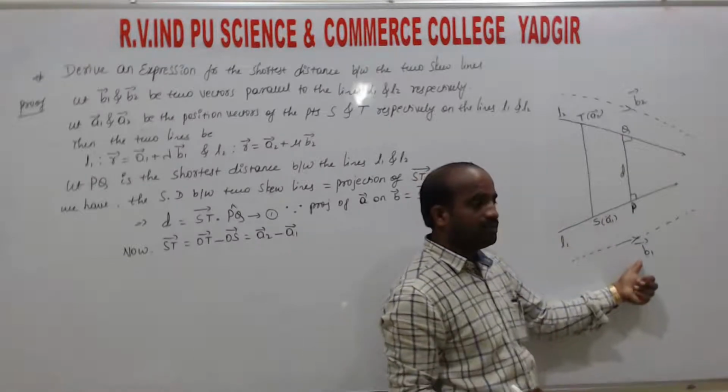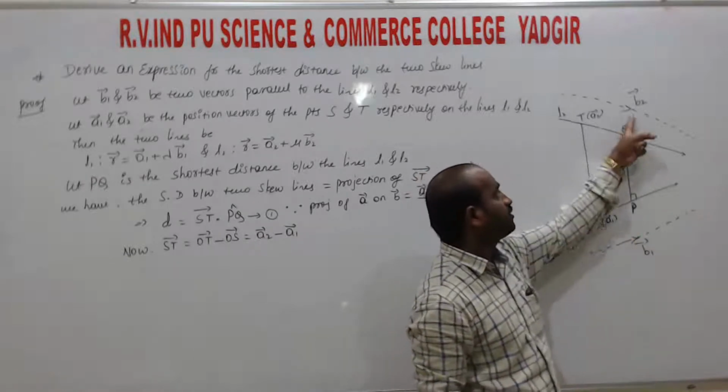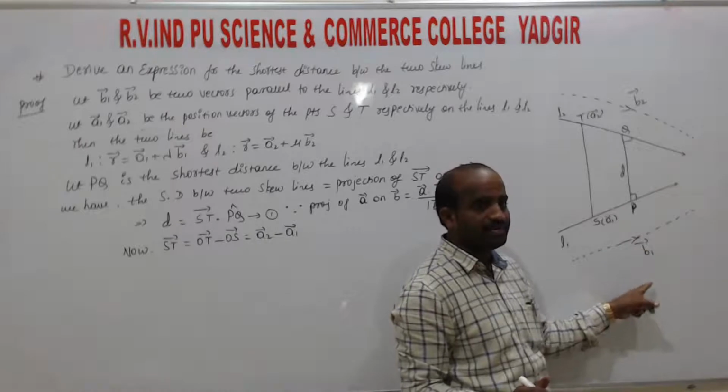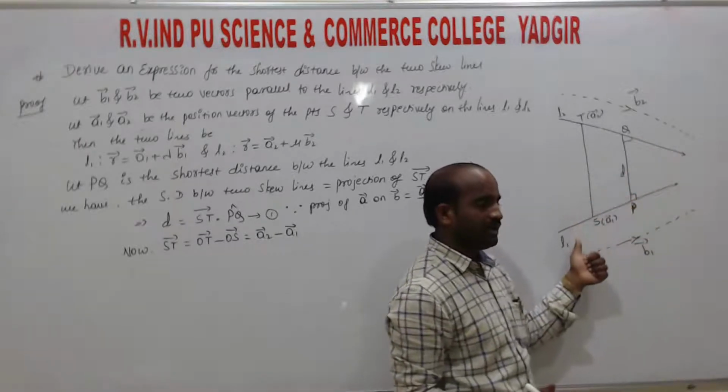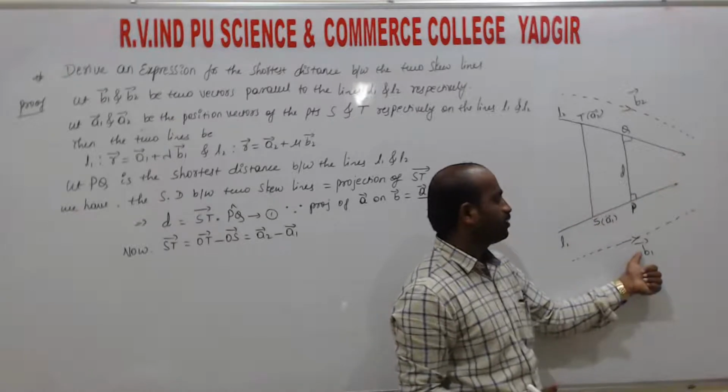And B1 and B2 are parallel to the lines L1 and L2, and PQ is perpendicular to both.